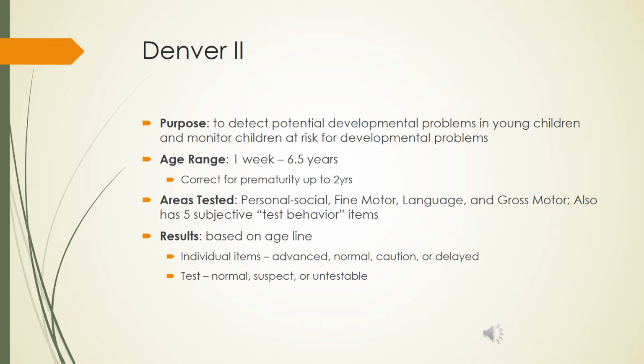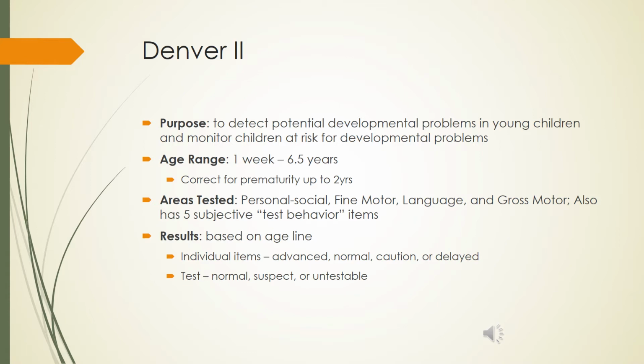The next slide will give you a picture of what the scoring sheet looks like, but you draw a vertical line on that sheet at whatever age they're at, and their results are based on how many items they can successfully do that cross that age line. For individual items, if they can do things to the right of that age line, they're advanced or normal.